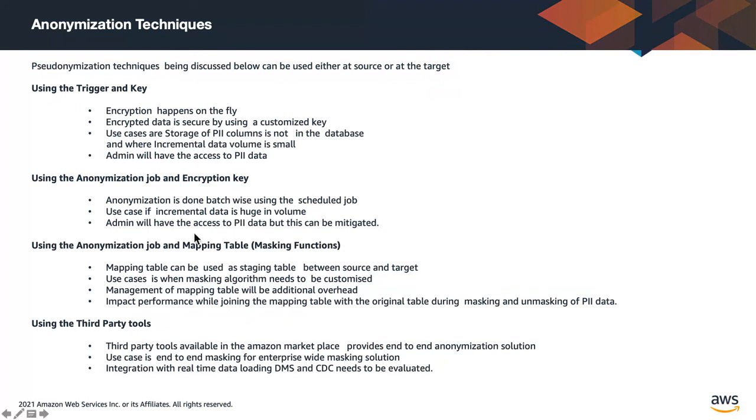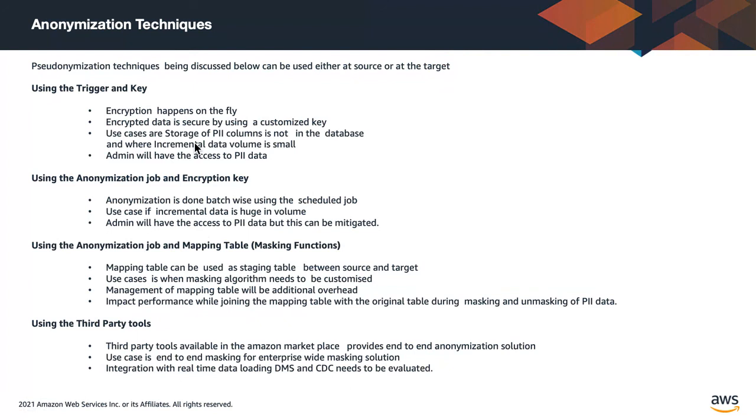Here we can create the job outside the database itself. We can create a Lambda job, or a job on some other EC2 instance, which holds the actual key information, so the key information is not accessible to admins. But in the first case, with the trigger and the key, we have to put the encryption logic in the trigger itself.